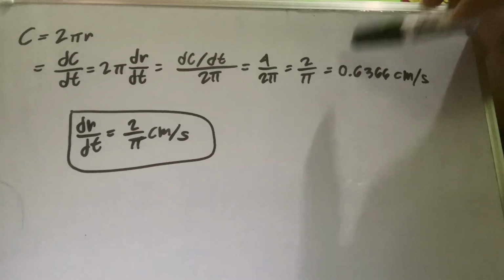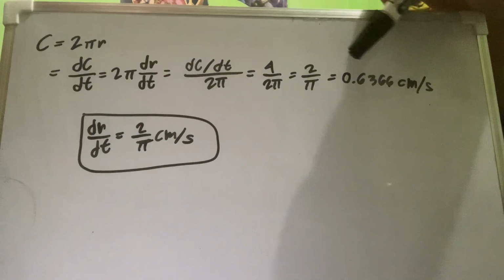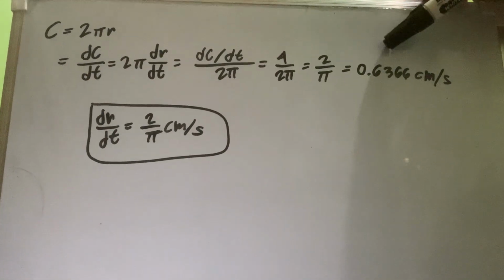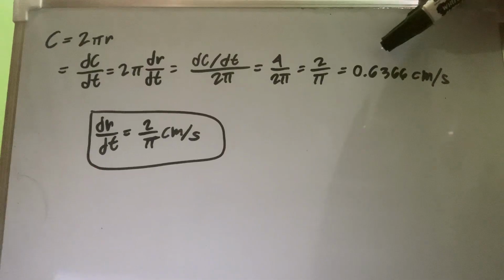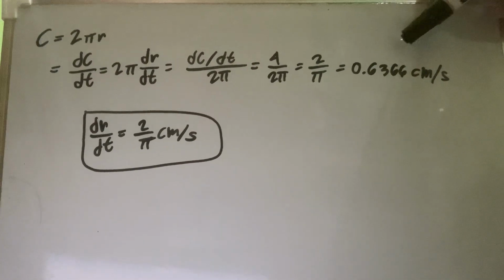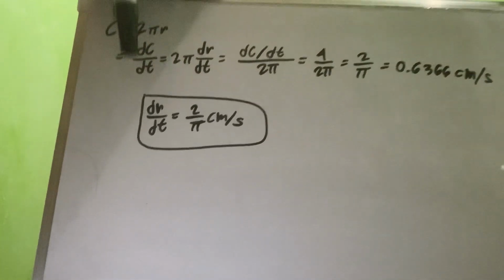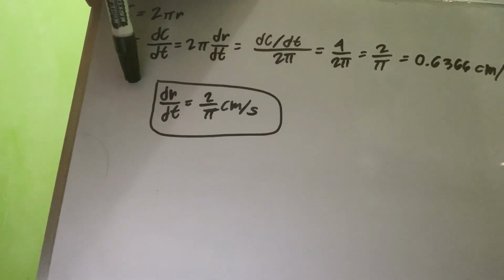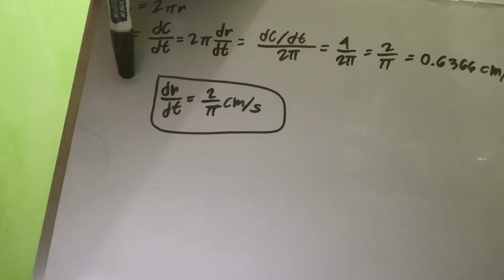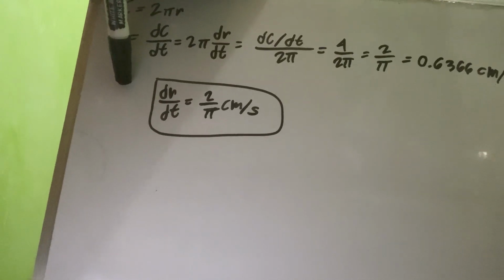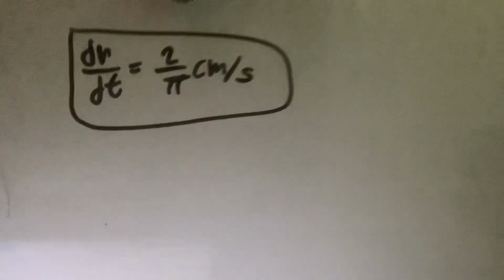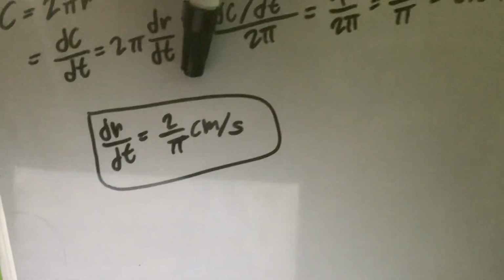In decimal, that is 0.6366 centimeters per second. But the answer is dr over dt equals 2 over pi centimeters per second. So this is the answer of problem number 7.